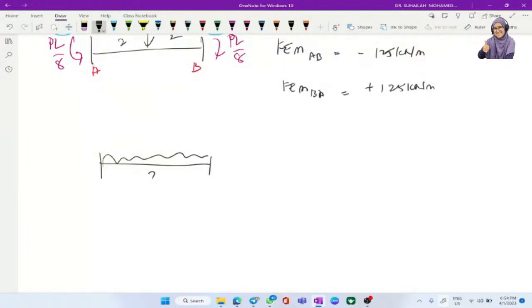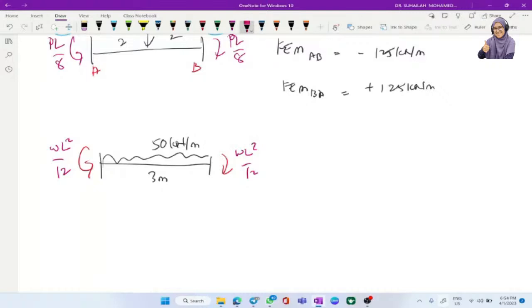It is 3 meter length, 550 kilonewton per meter. So the moment acts in this direction, and the formula is WL squared over 12 for both. Okay, we calculate the value.